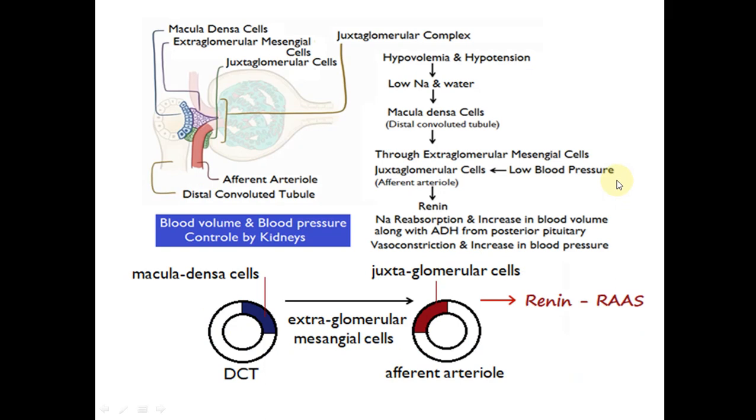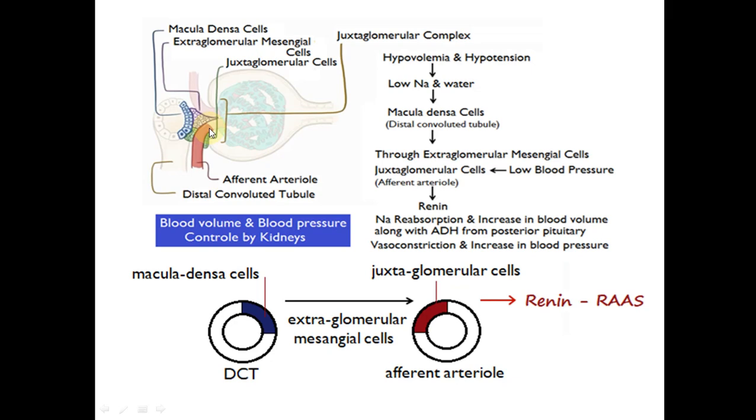Now, another important structure known as the Juxtaglomerular Complex. It is situated between the distal convoluted tubules and the afferent arterioles.